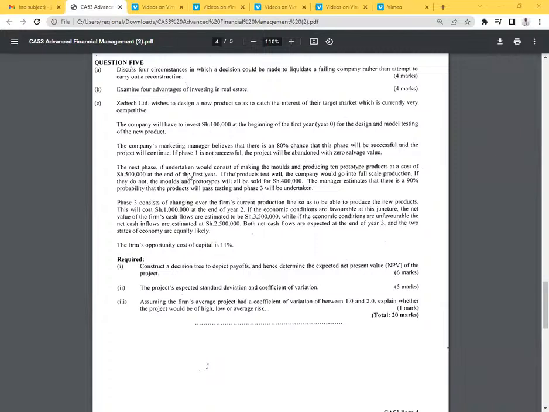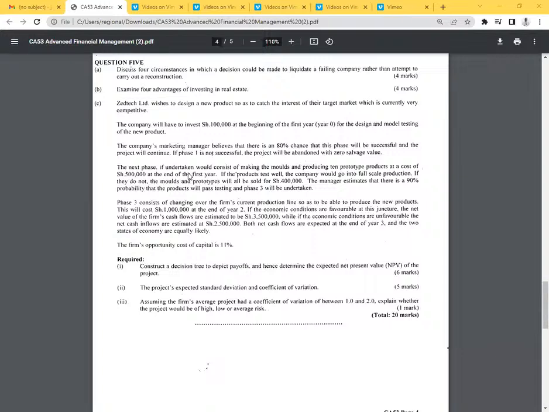The company will have to invest $100,000 at the beginning of the first year, which is year 0, for the design and the model testing of the new product. The company's marketing manager believes that there is an 80% chance that this phase will be successful and the project will continue. If phase 1 is not successful, the project will be abandoned with 0 salvage value.